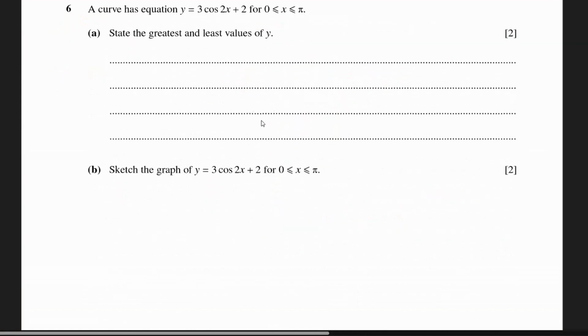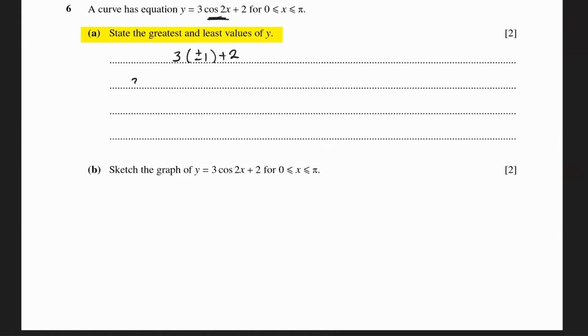And here we are. It says, a curve has equation y equals 3 cosine of 2x plus 2 for values of x ranging between 0 and pi. State the greatest and least values of y. The greatest and least values of cosine of 2x are plus or minus 1, and then plus 2.